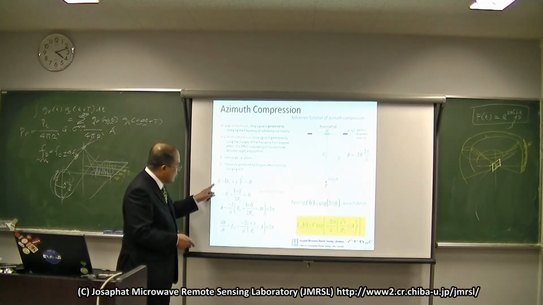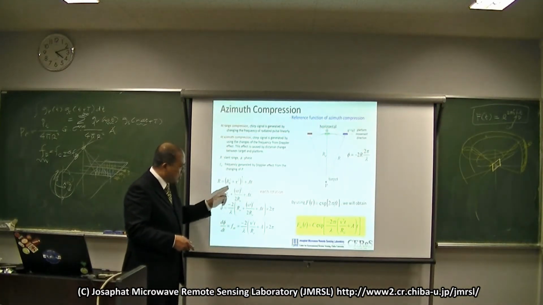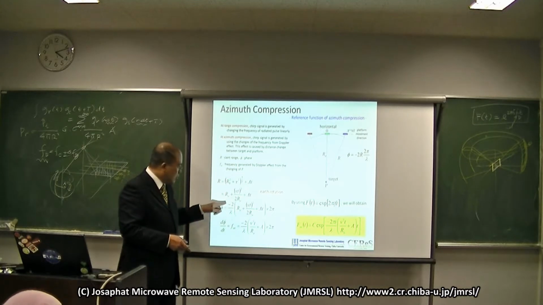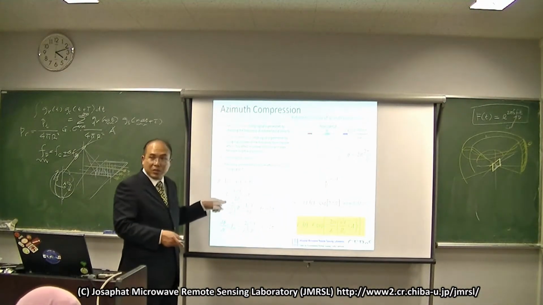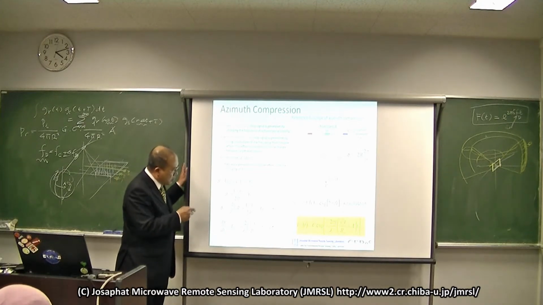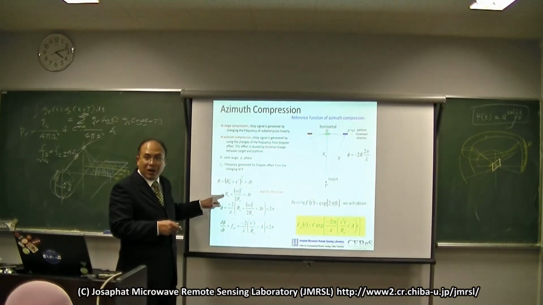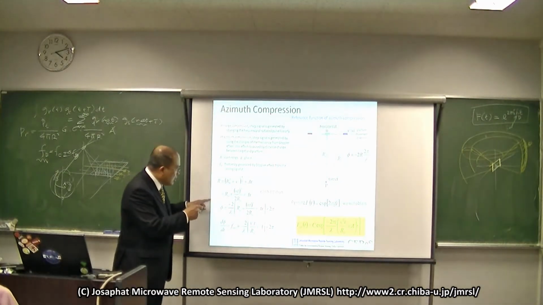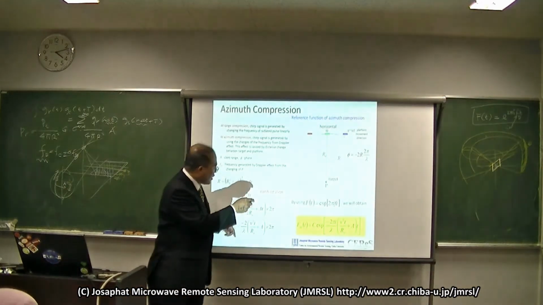It looks simple, but actually it is complicated. If you want to make the calculation, you need the approximation. You can make the approximation R0 plus this term and remove this one, and then you can find R.